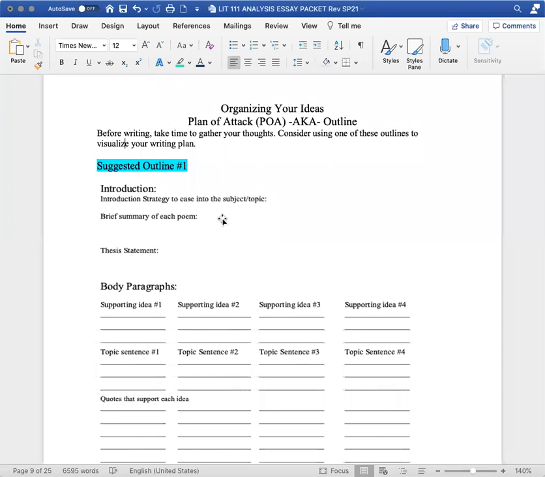The rest of them really don't work for this, because remember, this paper is an analysis of 2 specific poems. It's not about why love fails in general. It's not about what people expect out of love. You're not looking up advice columns or psychology textbooks. It's really just about these 2 poems and why you think love fails in those poems.